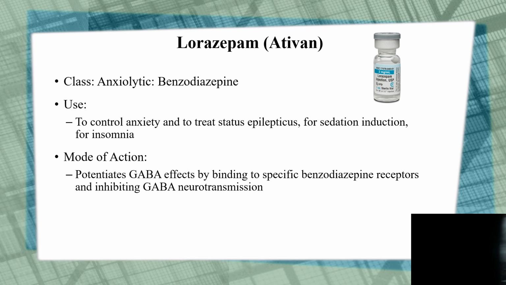So any medication that is given intravenously, you want to give it very slowly, especially Ativan. It has a rapid onset, so it can act within 1 to 3 minutes once given intravenously. It is recommended not to be prescribed for longer than 3 to 4 months, and after that the patient builds up a tolerance to it.